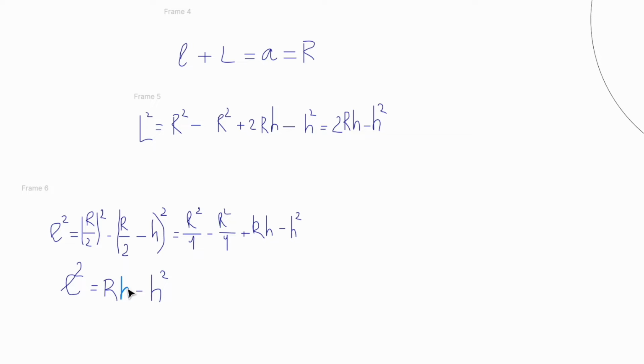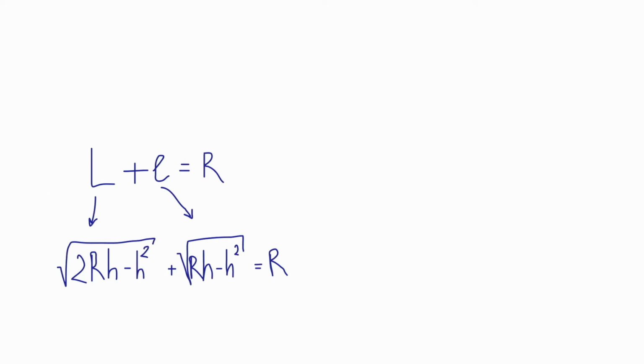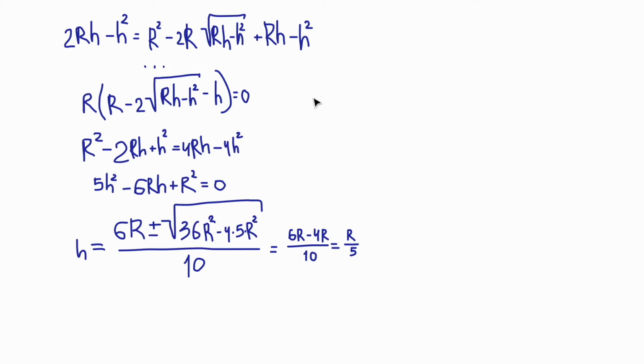Next, we return to our condition that large L plus small l equals R. We put all this into one equation and then we conduct mathematical transformations. All this is quite simple. We square several times to get rid of the roots. Here I even skipped some steps. I think if you want, you can do all this yourself without difficulty.